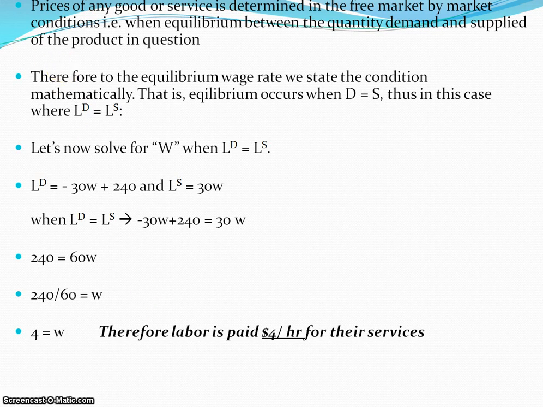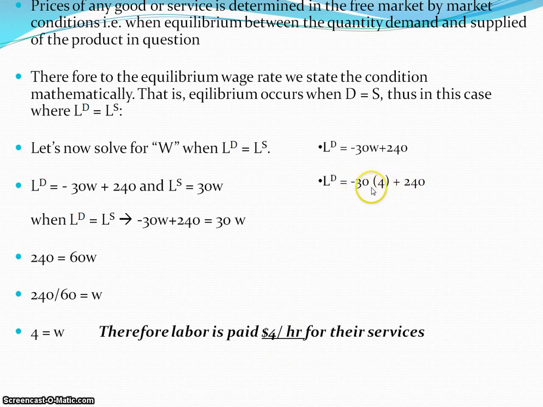Okay, so to find out the equilibrium quantity of labor, all we simply do is choose either one of the equations, the demand for labor or the supply for labor equation, and we substitute the W and put the value of 4, because we know that 4 is the equilibrium wage. And what we see here is minus 30 brackets 4 plus 240.